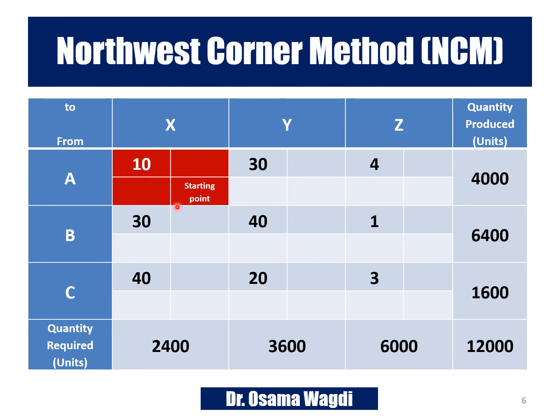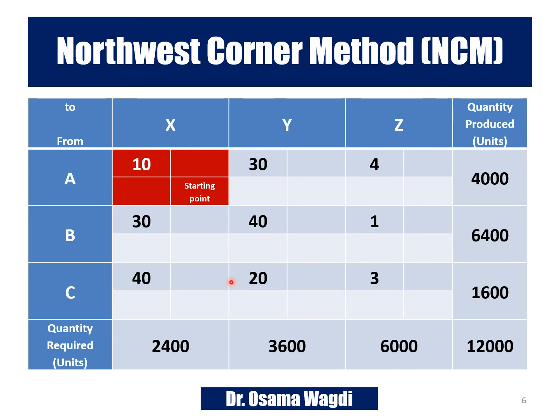But the difference in this example is that we divided the rectangle into 4 sections. Section number 1 is where we write down the cost in dollars, and here we're going to define the starting point for starting the solution. If it's going to be 2,400 or it's going to be 4,000.